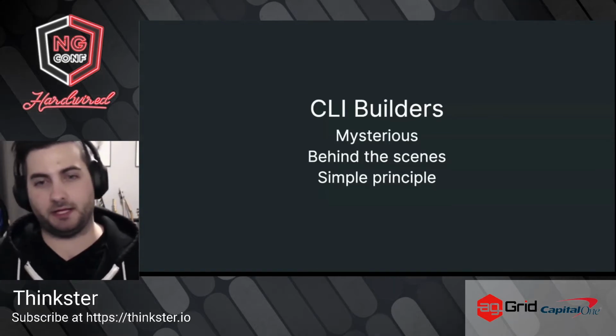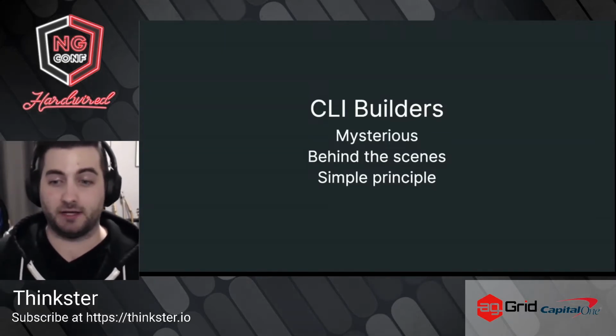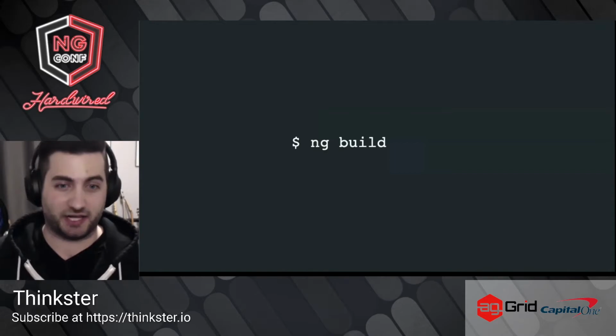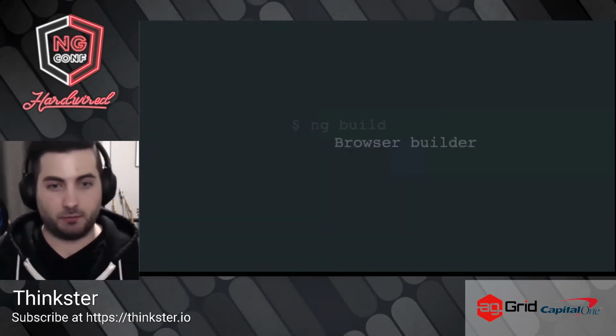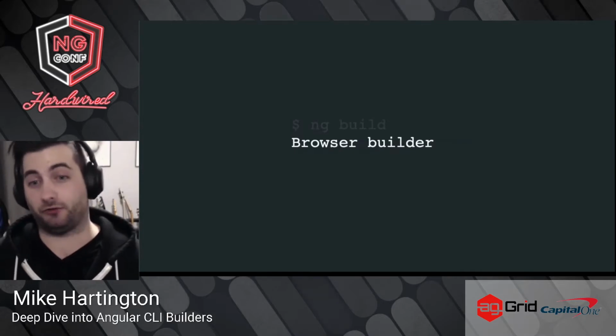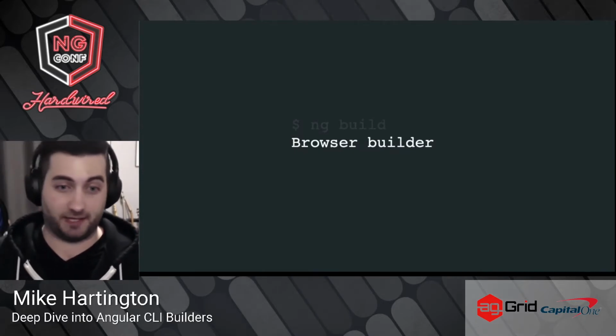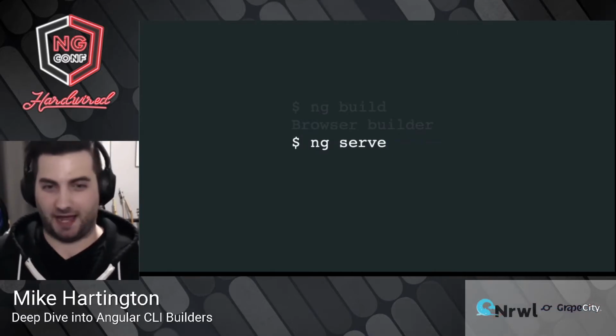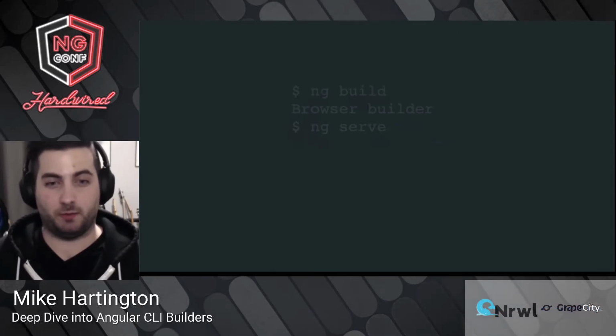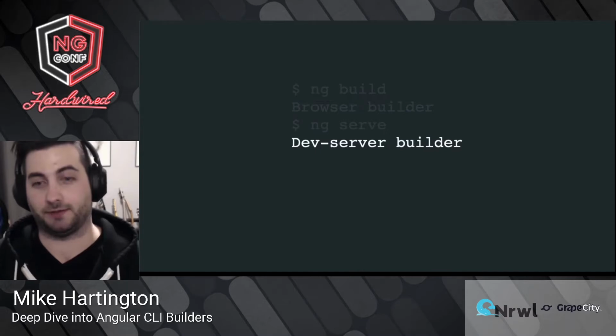Now, we're already familiar with a handful of builders when we start a new Angular project. Whenever we run ng build, what we're really running is the browser builder from Angular DevKit. When we run ng serve, as the name hints at, we are running a dev server builder from DevKit.